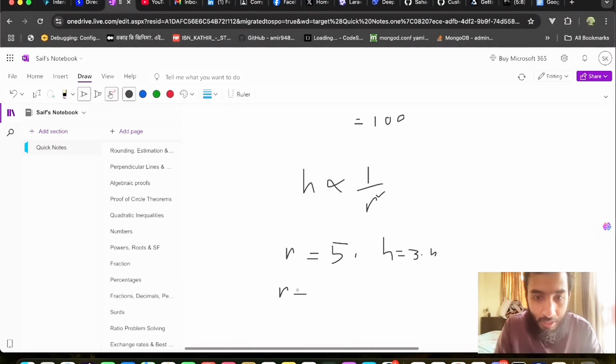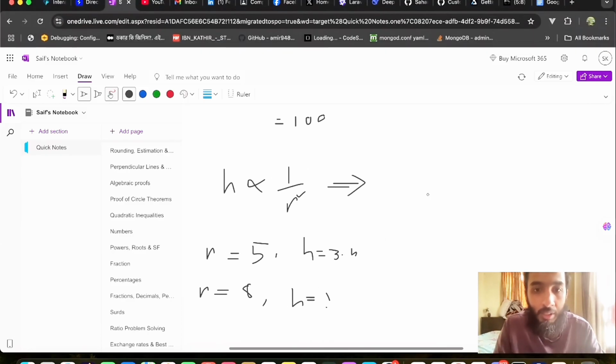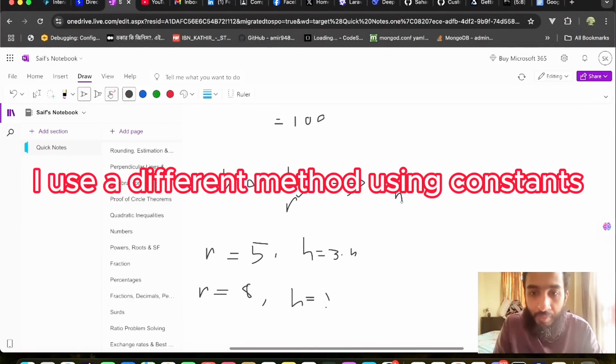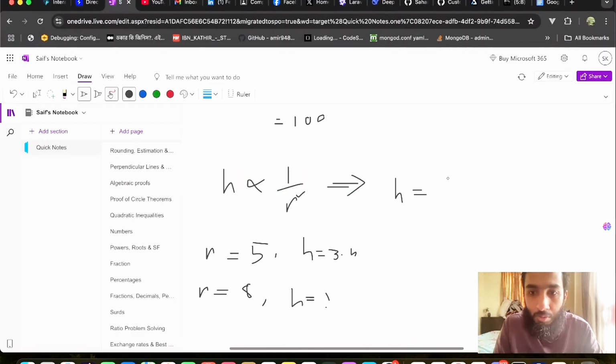If r is 8, then what is h? I'll try to solve it in a different way using a constant. Since h is proportional to 1 by r square, we can write h equals a constant k by r square.